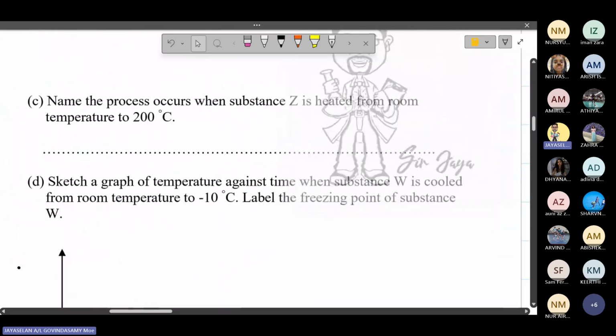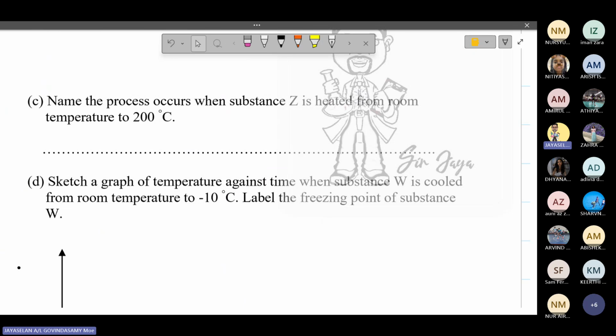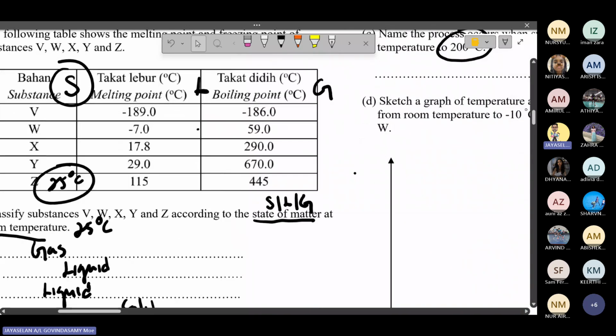Okay. Name the process that occurs when substance Z is heated from room temperature until 200 degrees Celsius. So you all do lah.